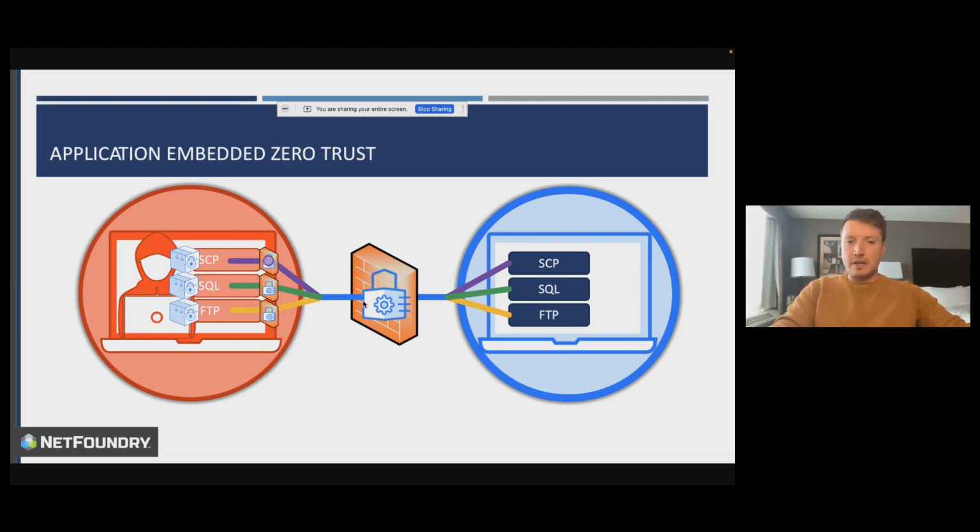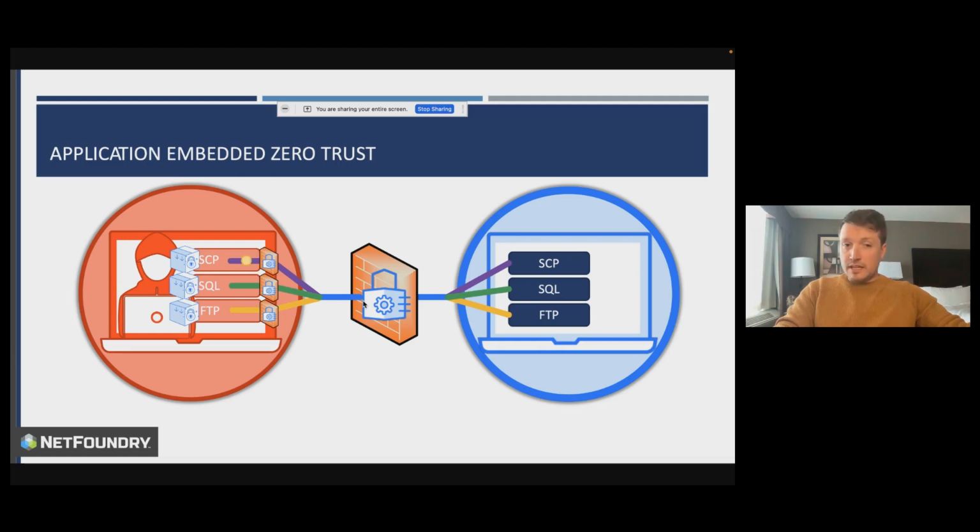But effectively, we're giving a private network to each of those applications so that the data packets can only traverse to the other end of the source to destination according to its own embedded network. SQL to SQL, FTP to FTP.